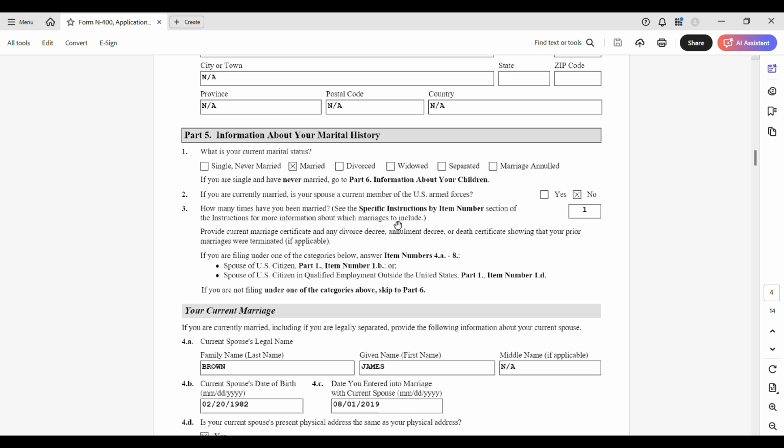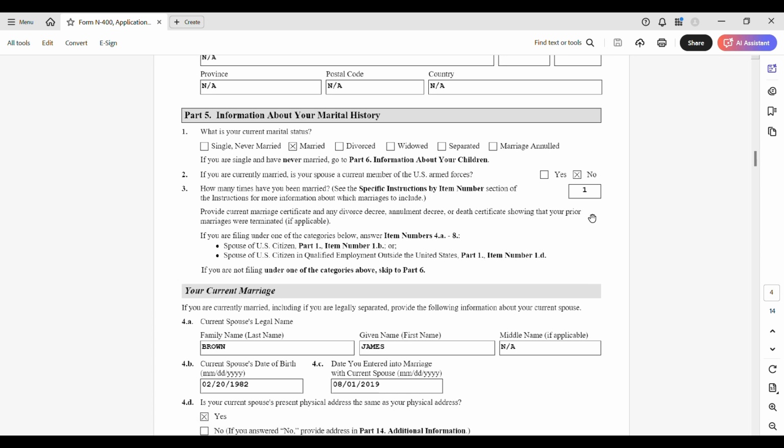See the specific instructions by item number section of the instructions for more information about which marriages to include. So this is referring you back to the general information and instructions found at www.uscis.gov. The applicant in this case has only been married once.